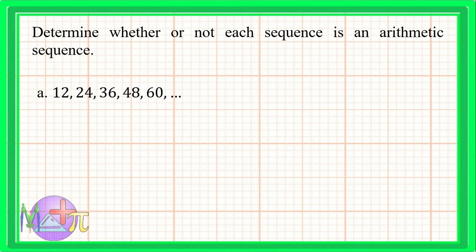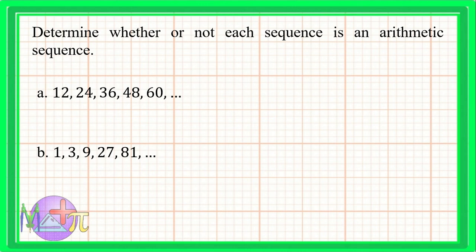What do you think? Okay, very good. This is an example of an infinite sequence, because the three dots are the sign that it is an infinite sequence. And for the second example, 1, 3, 9, 27, 81, and so on and so forth. Again, this is an example of an infinite sequence.